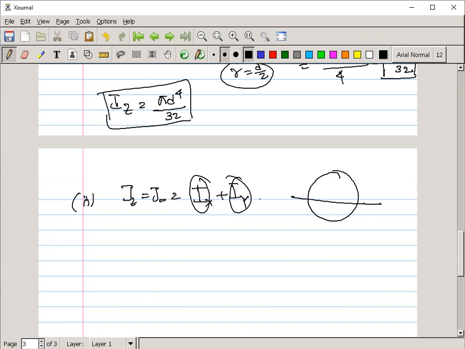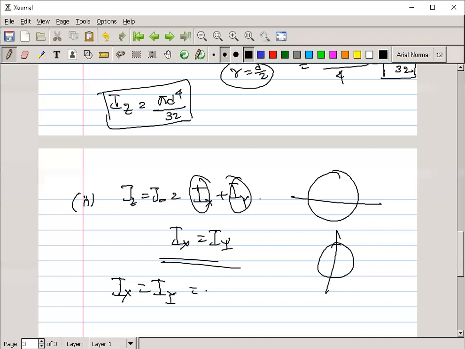If you cut this section here, it will give the same value. If you cut this here, it gives the same value. So it is an axisymmetric problem. So here I of x is equal to I of y for the present problem only. As both are equal, we can simply say I of x is equal to I of y is equal to I of z divided by 2. And I of z divided by 2 is how much? Pi d to the power 4 by 64 only, na? Because this is 32, this is 64. So it is clear.